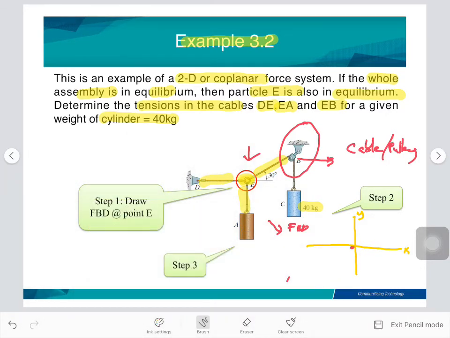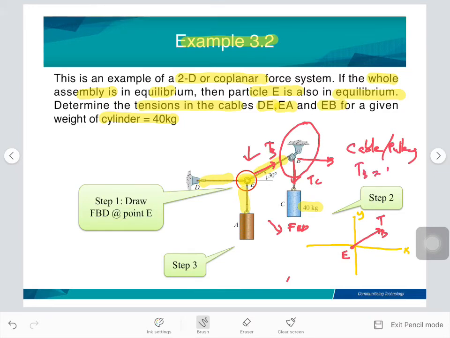So you can have the point E here. Here you can have TB. TB here is represented by this tension, right? And TC.